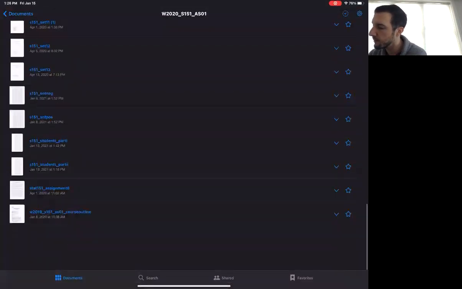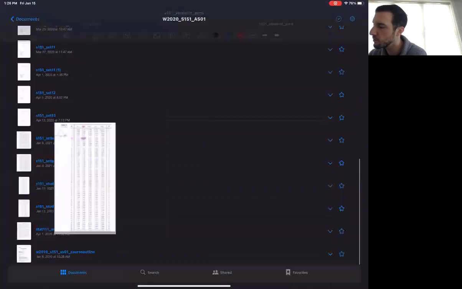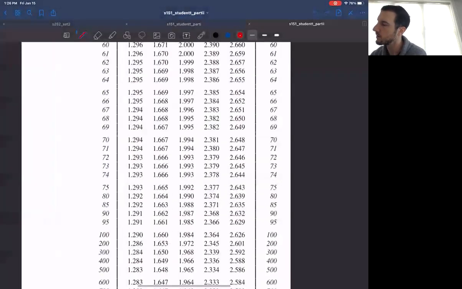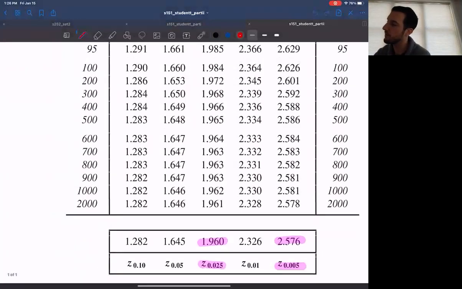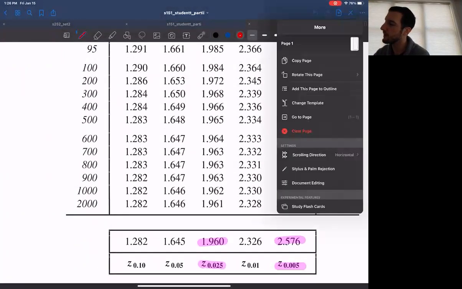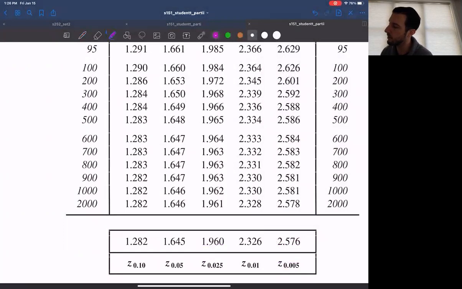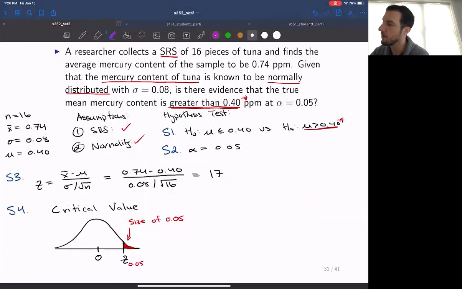If we go to the T table, page 2, and scroll down to the very bottom, what we are looking for is the Z score with 0.05 in the upper tail, so Z subscript 0.05, and that gives us 1.645 as the critical value. So our critical value here is Z equals 1.645.